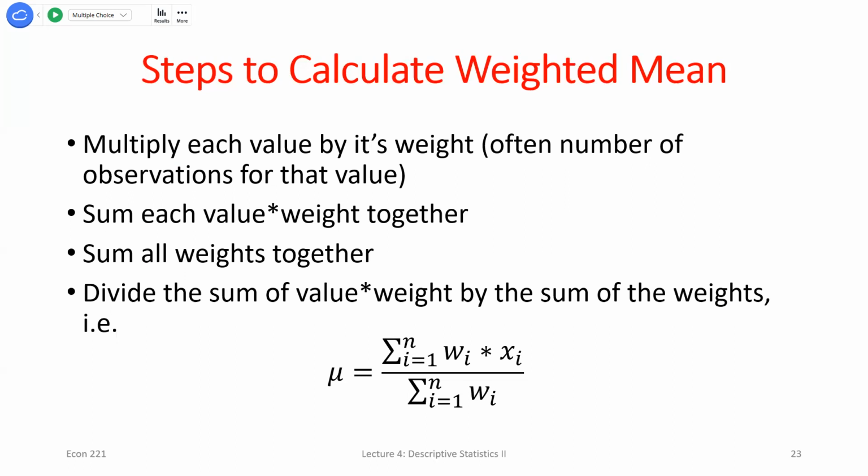Notice here, my weight is now not 1 over n, but it's whatever the weight of that group is divided by the total across all groups, or adding up all the weights. So in my population example, this would be like I'm weighting it by the population in California divided by the population in the US, right?